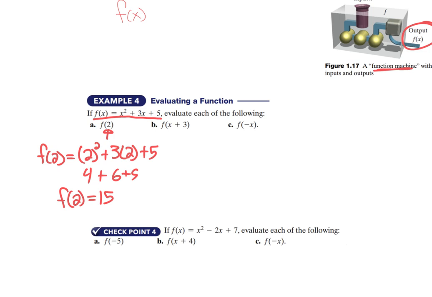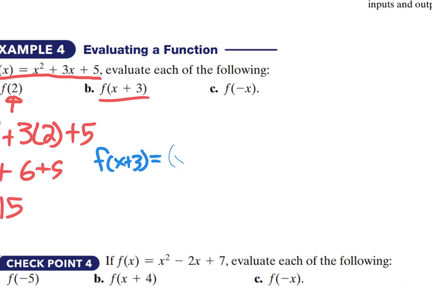Now we get more complicated. We have f of x plus 3, so I'm going to put in x plus 3 wherever x is. That means we're not going to come down to a single number, but we'll have a new function. So I've got (x plus 3) squared plus 3 times (x plus 3) plus 5.